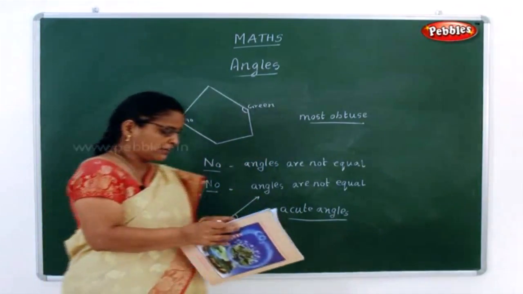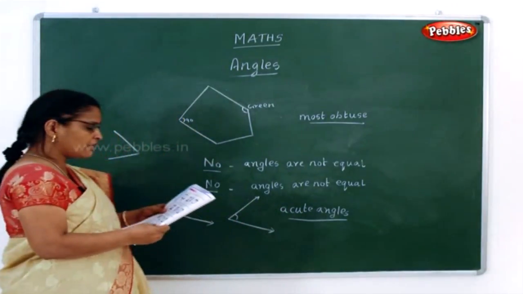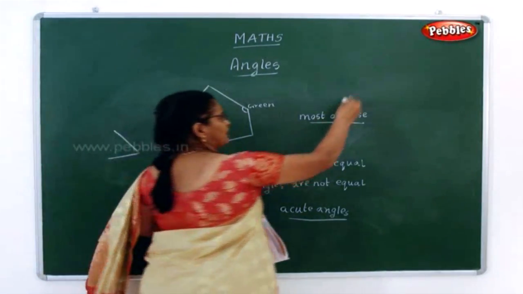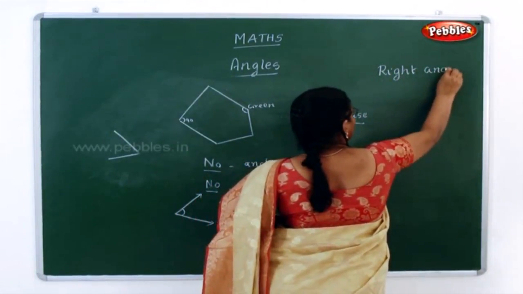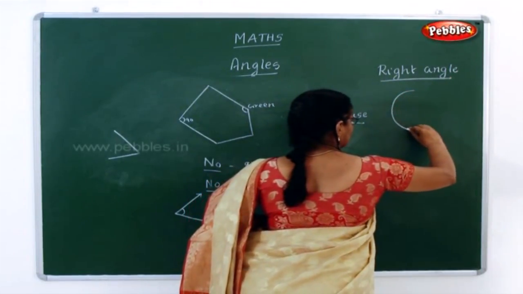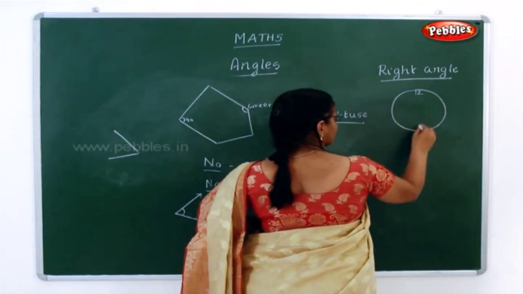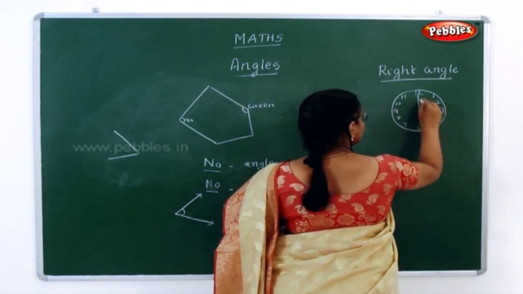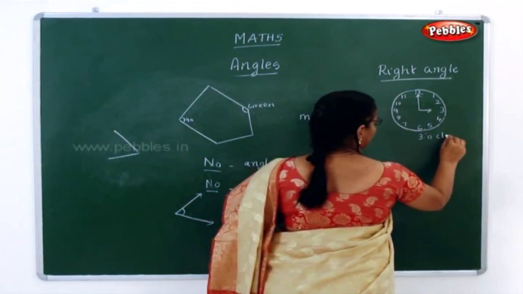The next one in your practice time is the angle and the time they have given. In the clocks given below, you have to draw the hands of the clock which make a right angle. Now, I will repeat once again. See here, 3 o'clock. 3 o'clock is a right angle.